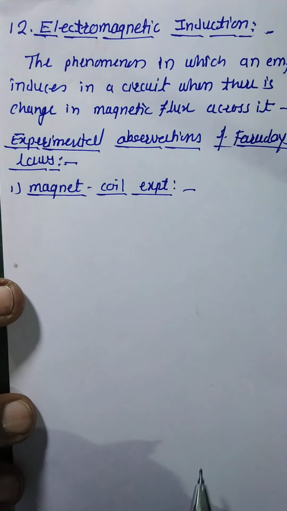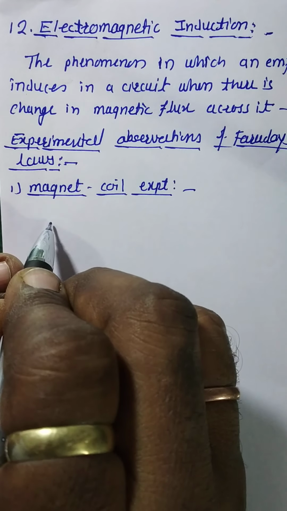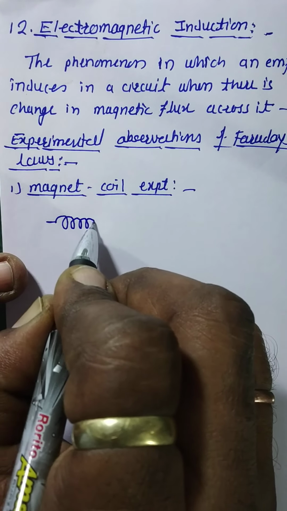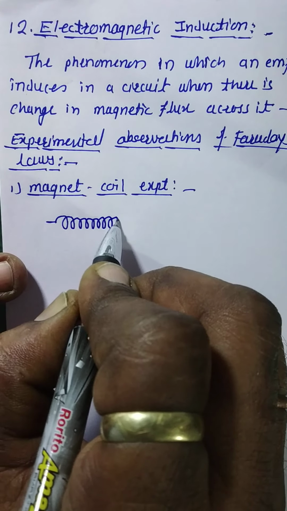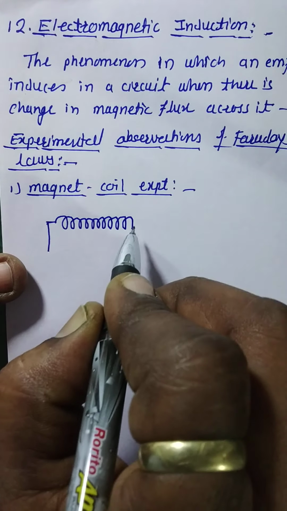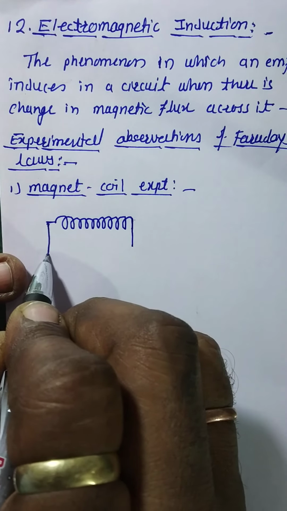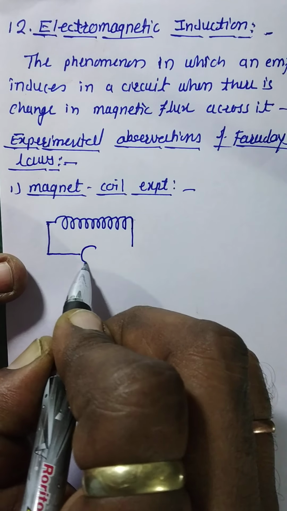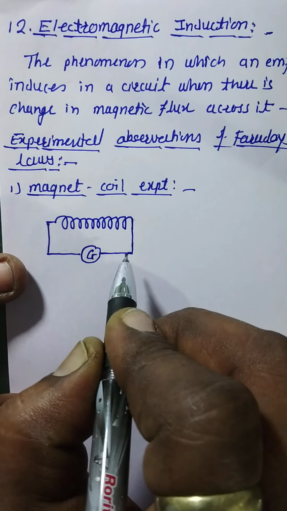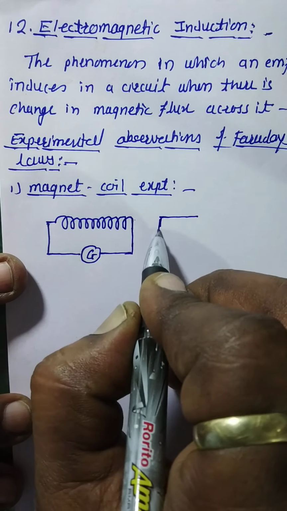See, an experiment consists of a coil connected to galvanometer and a bar magnet.